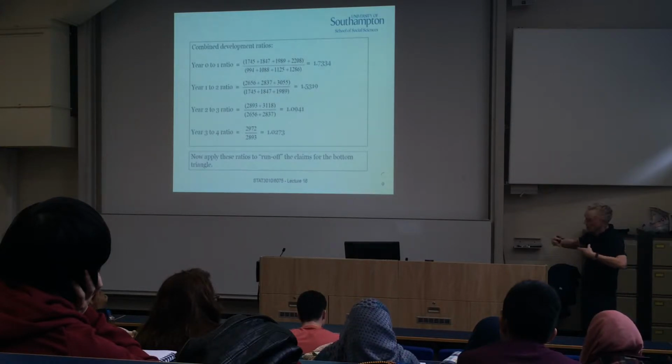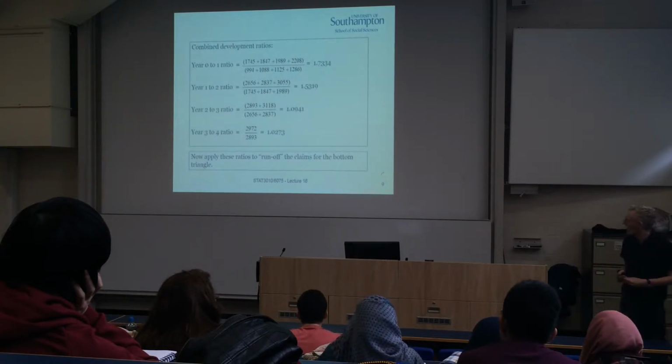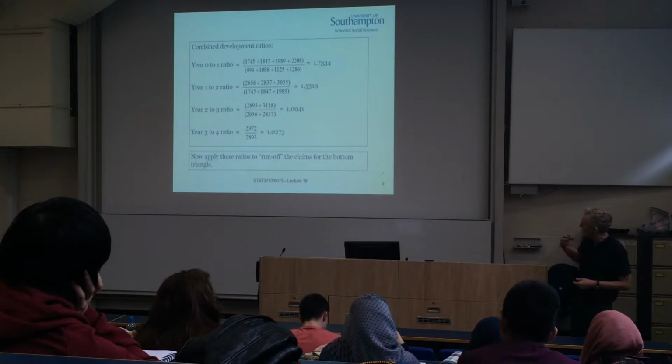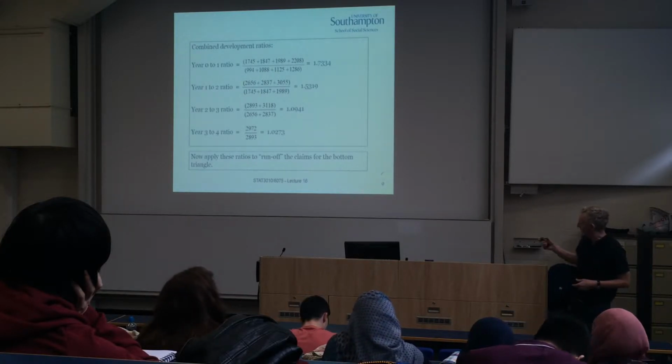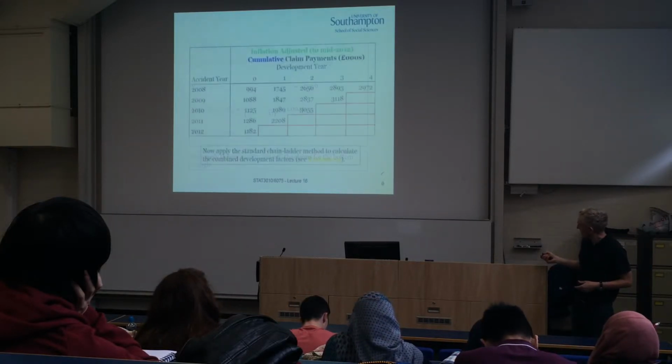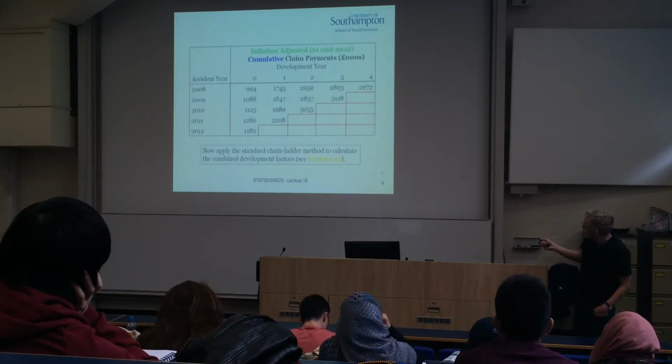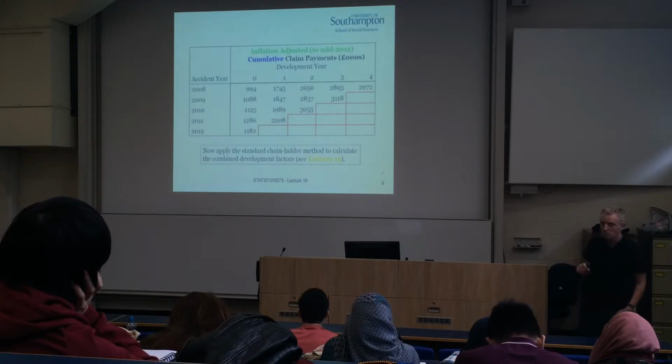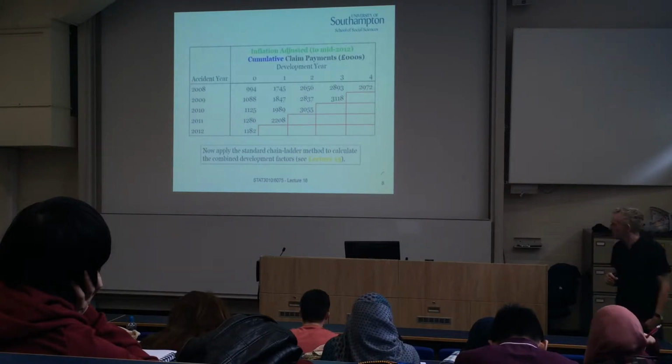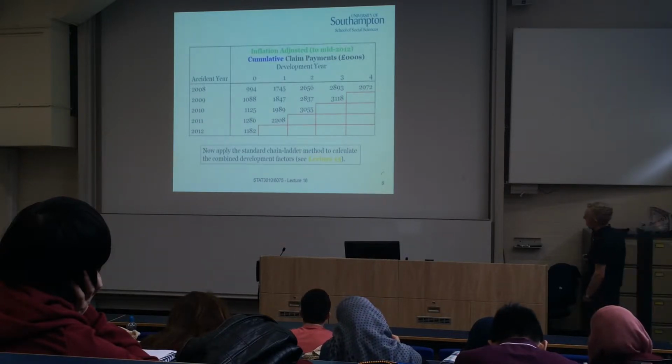Then using the standard method for the basic chain ladder method, you would apply these factors to run off this triangle to predict the numbers for the red cells, just as we did on Friday.